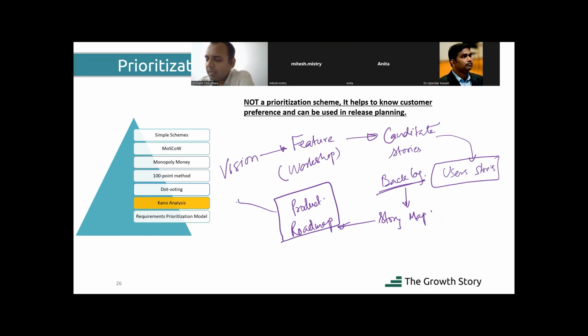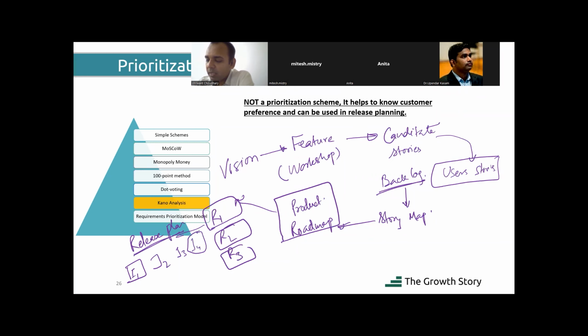Product roadmap has release 1, release 2, release 3. Okay. Then we have the release planning. What is release plan? Release plan has the discussion on iteration 1, iteration 2, iteration 3, iteration 4.